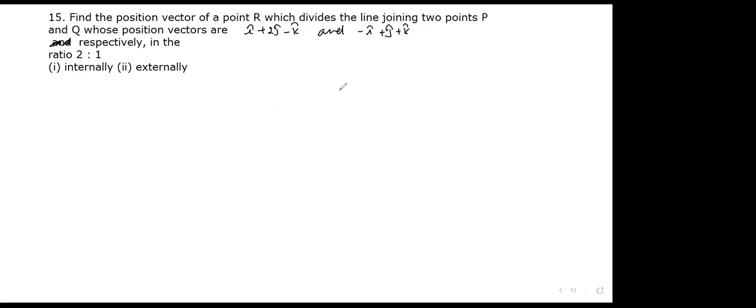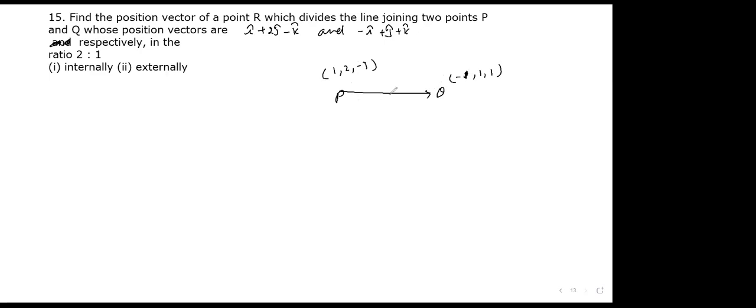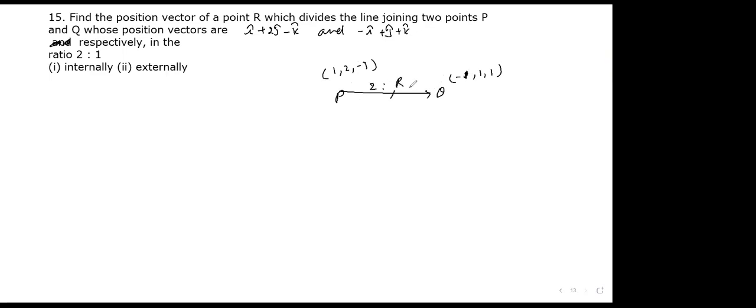So the position vector of P is 1, 2, minus 1, and the position vector of Q is minus 1, 1, 1. We have to find the position vector of R. The ratio is 2:1.